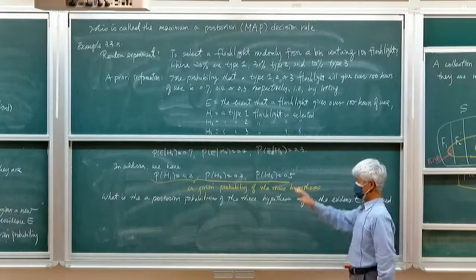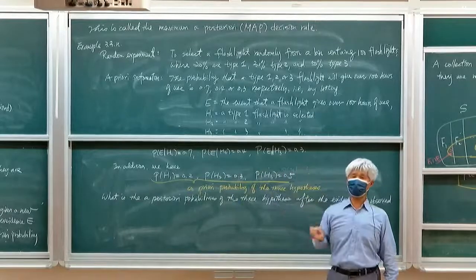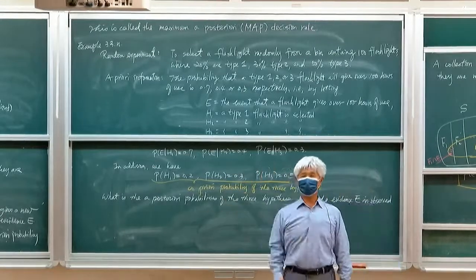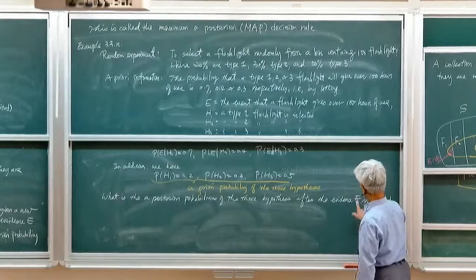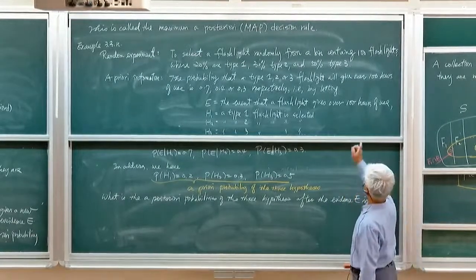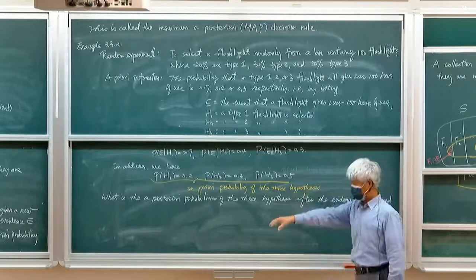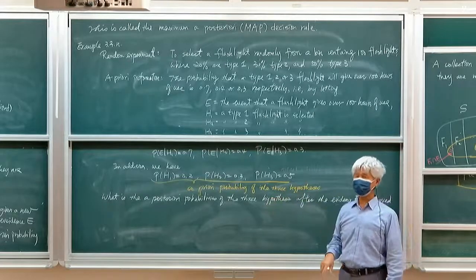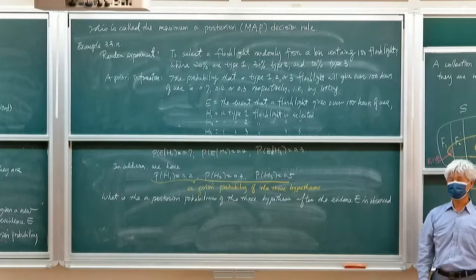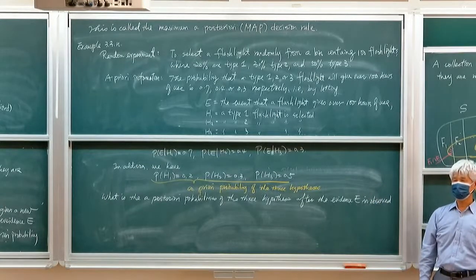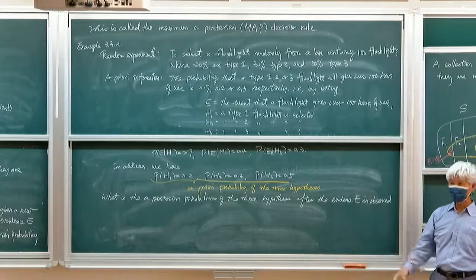So you pick up a flashlight and put it into an instrument. The instrument tells you that, wow, this selected flashlight gives over 100 hours of use. Or you can wait, right?